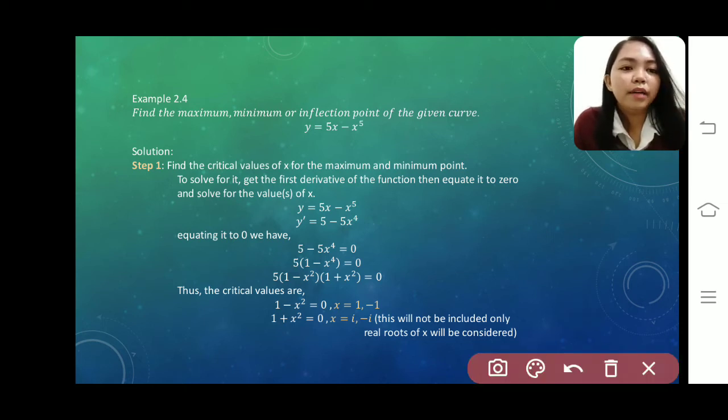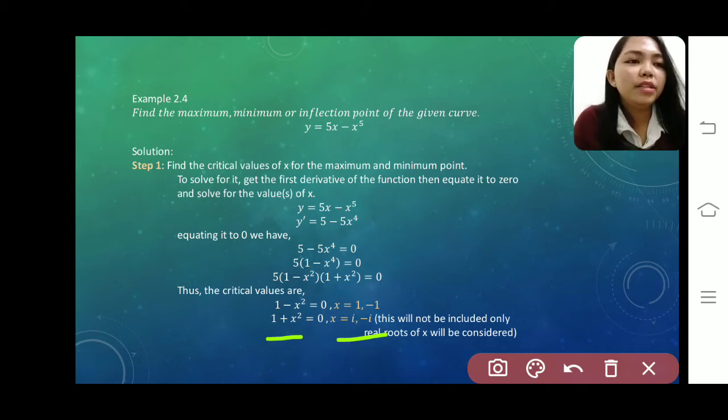So, we have the equation of our first derivative is 5 minus 5x raised to 4. So, setting this equal to 0, so we have the values or the roots of x are positive 1 and negative 1. And then, itong pangalawang factor niya, 'di ba, magiging imaginary yung sagot.